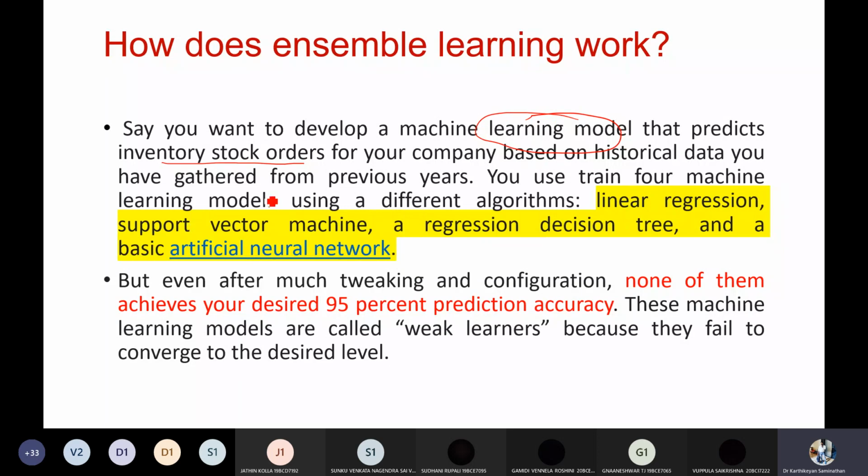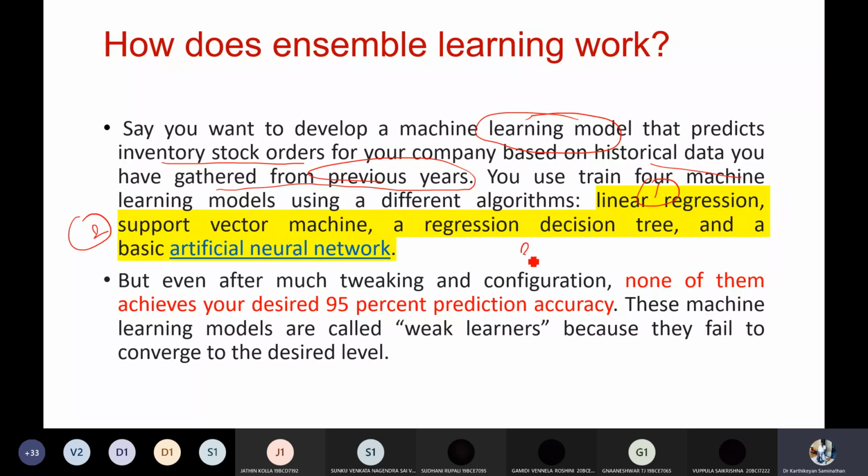Here the historical data has been gathered from previous years. Now the agenda is to train four machine learning models individually. One is linear regression. The second is SVM, support vector machine.